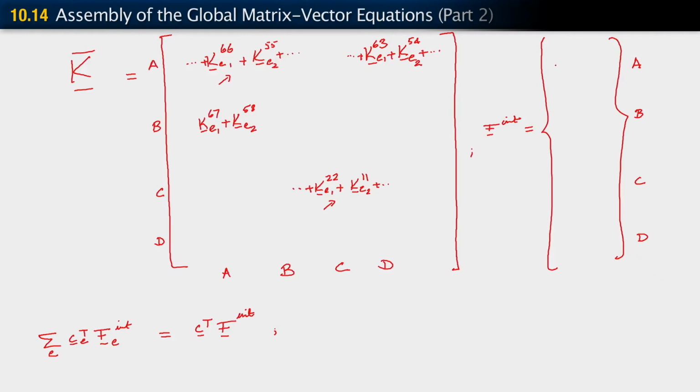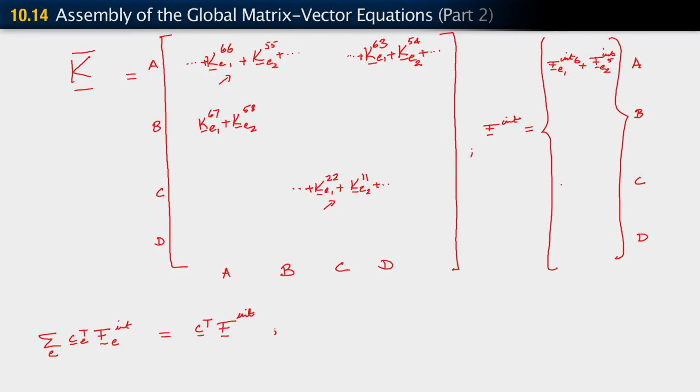From element E1, it gets the F internal E1 from which local node of element E1? Right, local node 6. And from E2, it gets a contribution from local node 5.